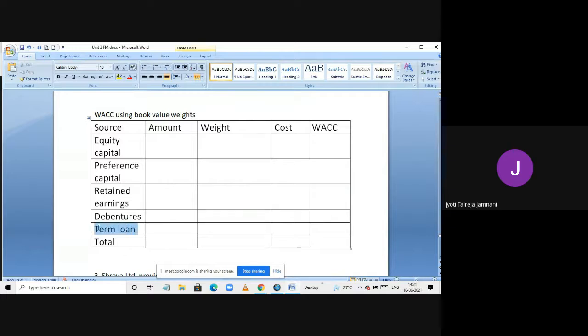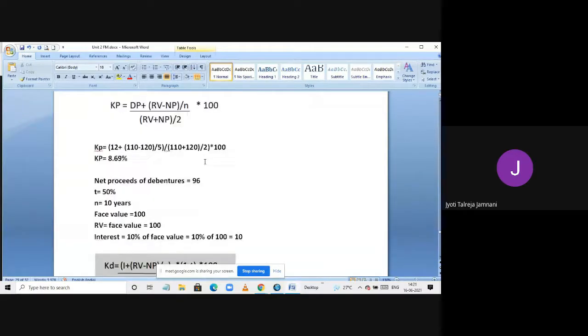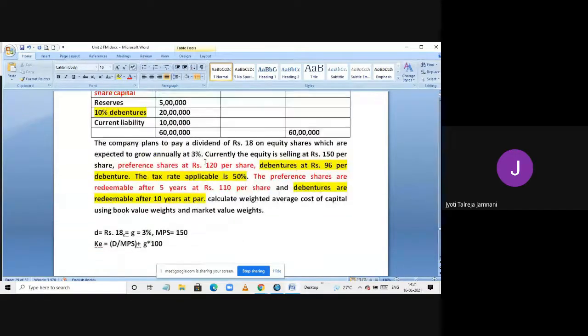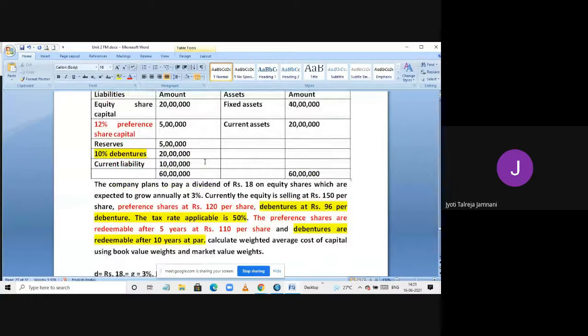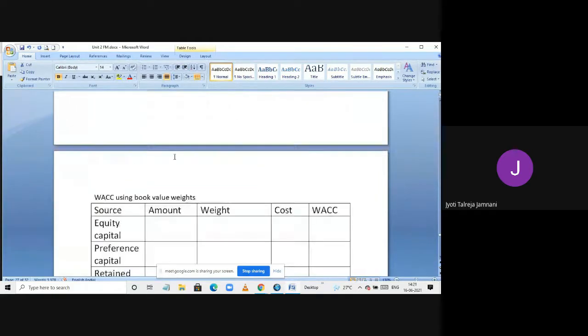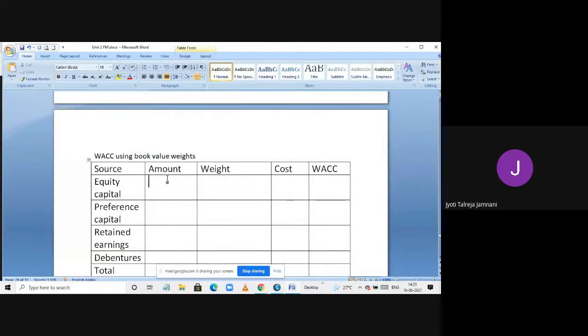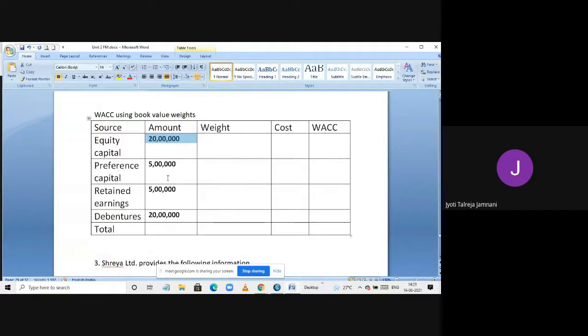There is no term loan in this case, so these are the four sources. In the balance sheet they've given you the amounts. Equity is 20 lakh, preference is 5 lakh, retained earnings is 5 lakh and debentures is 20 lakh. So total 50 lakhs.